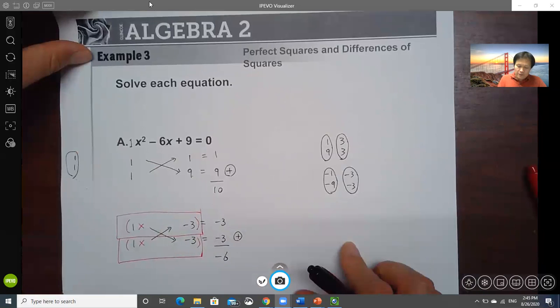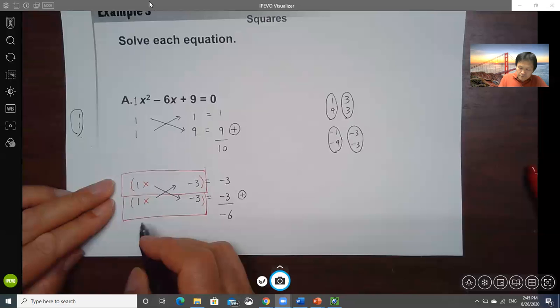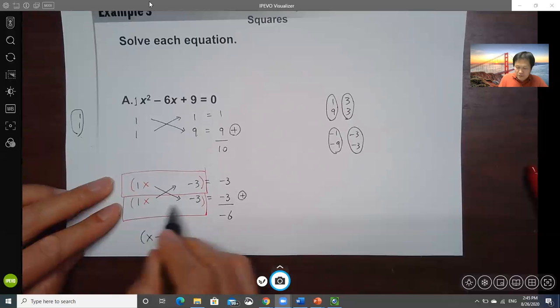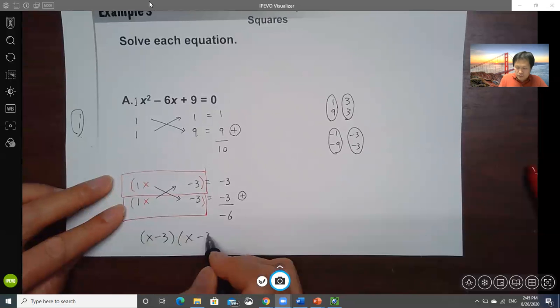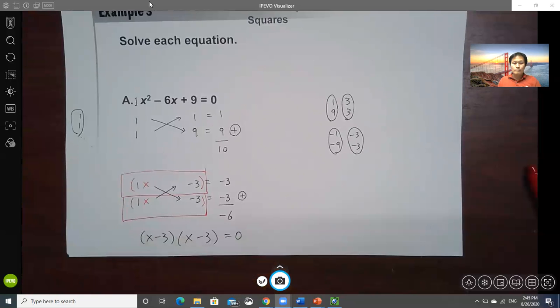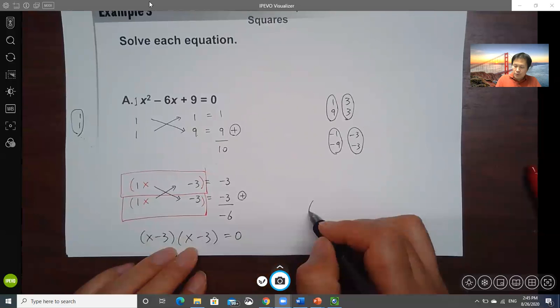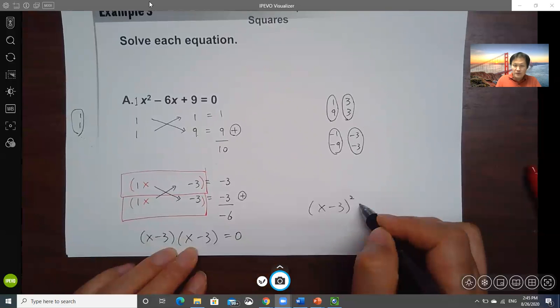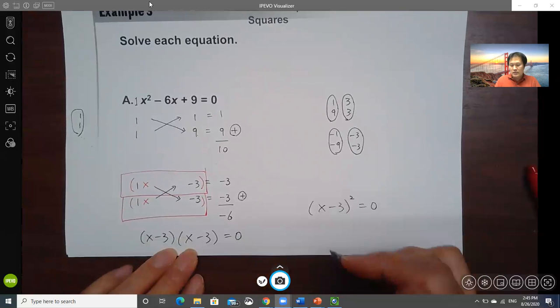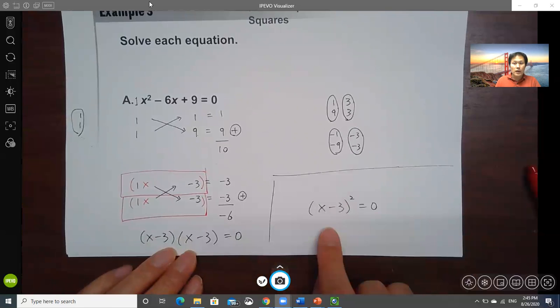So the top floor is x minus 3. The bottom floor is x minus 3 equal to 0. Usually, we write that as x minus 3 squared equal to 0 because we have the same factor twice. This is a refined, elegant way to write.